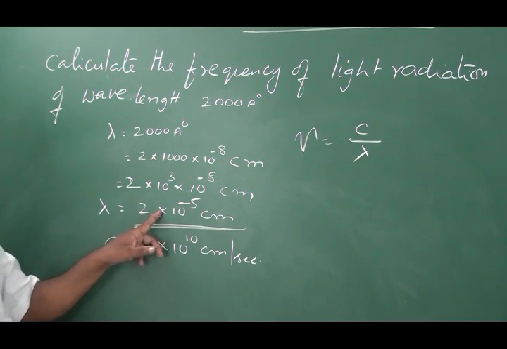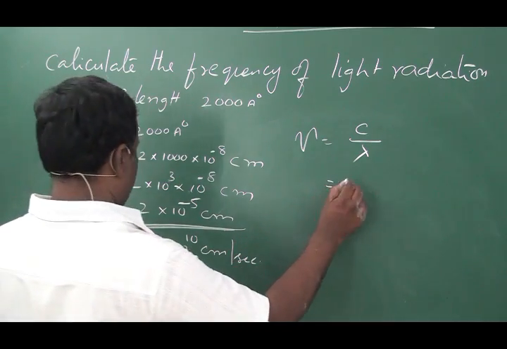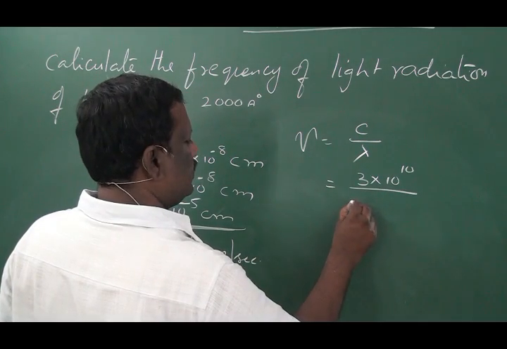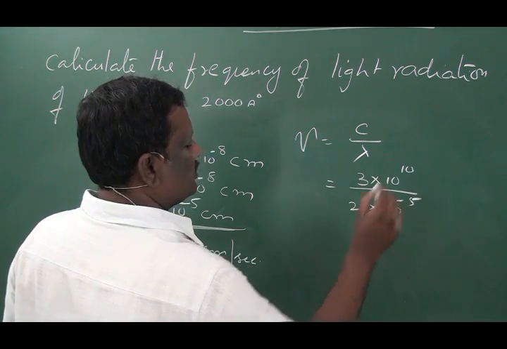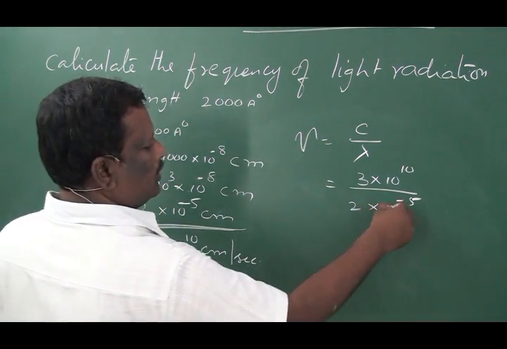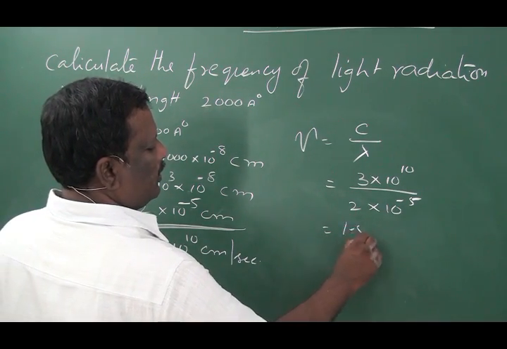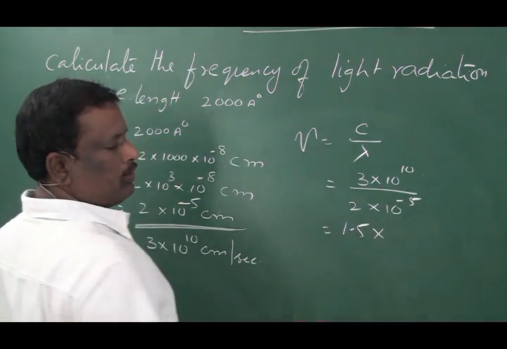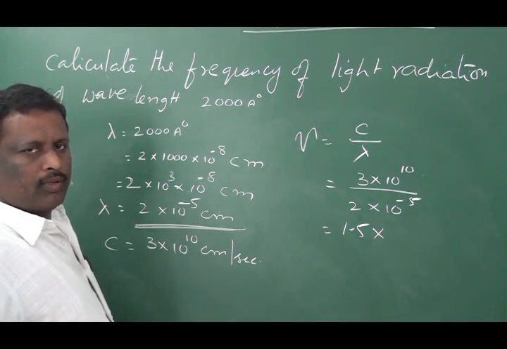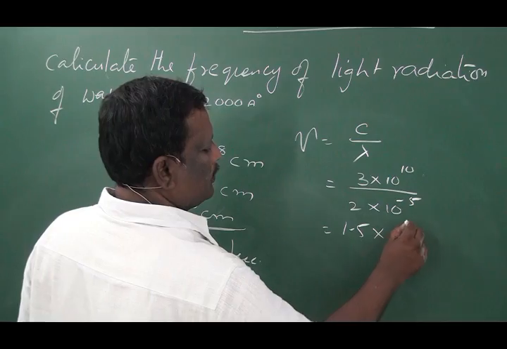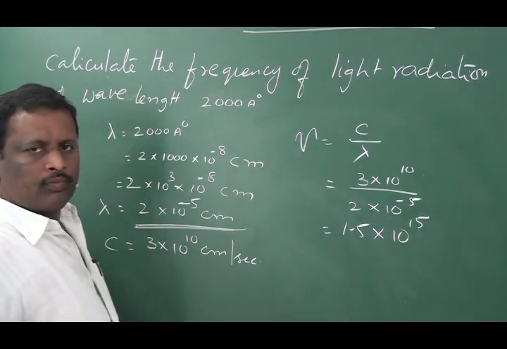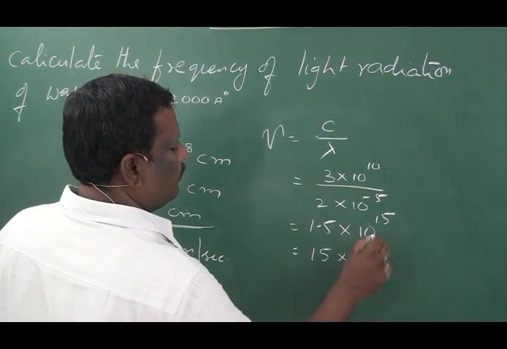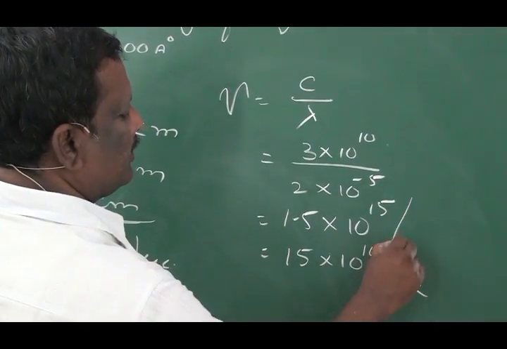On substituting these two values, you will have 3 into 10 to the power 10 by 2 into 10 to the power minus 5. Here 3 by 2 is 1.5, and 10 to the power minus 5 becomes 10 to the power 5, so it is 1.5 into 10 to the power 15, or it can be written as 15 into 10 to the power 14 per second.